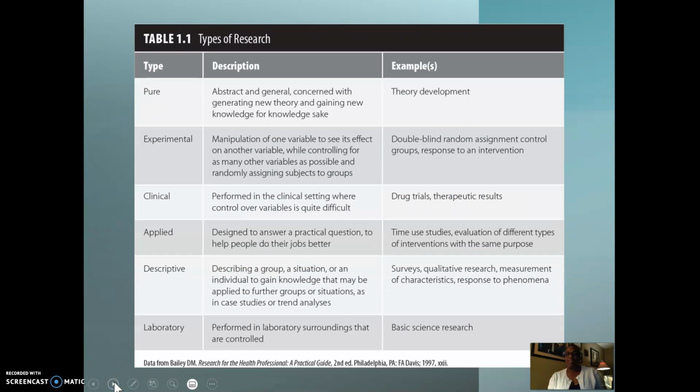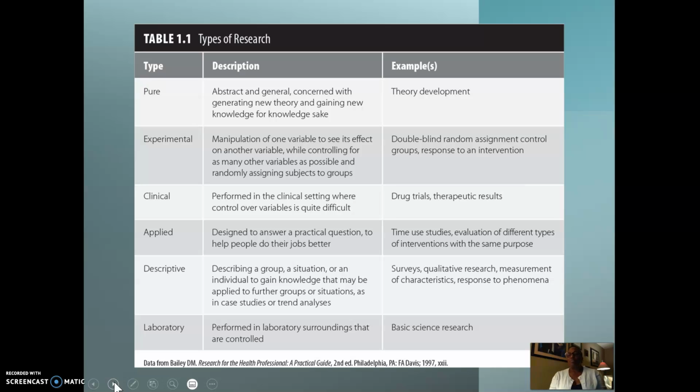On pages 5 and 6 of your textbook, table 1.1 talks about various types of research. This is what we'll be focused on in the textbook and as we go through the 8-week session. The first is pure, where we're primarily looking at theory development. We've got experimental, where you're doing your blind random assignments and looking at an intervention.